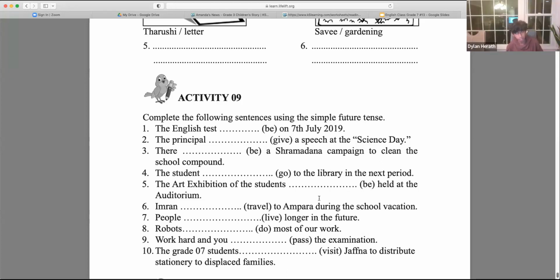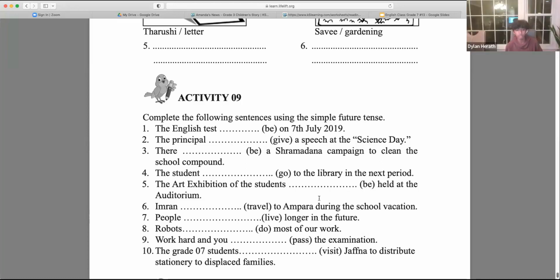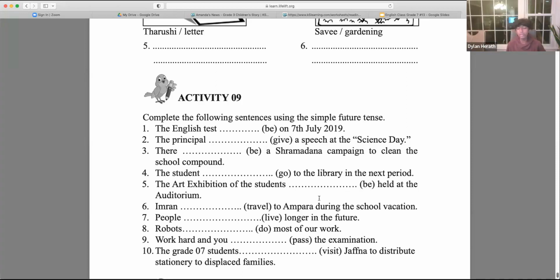Say it again. Yes, will be held. Excellent. Number 6. Imran blank traveled to Ampara during the school vacation. Yes, very good. Imran will travel to Ampara during the school vacation.